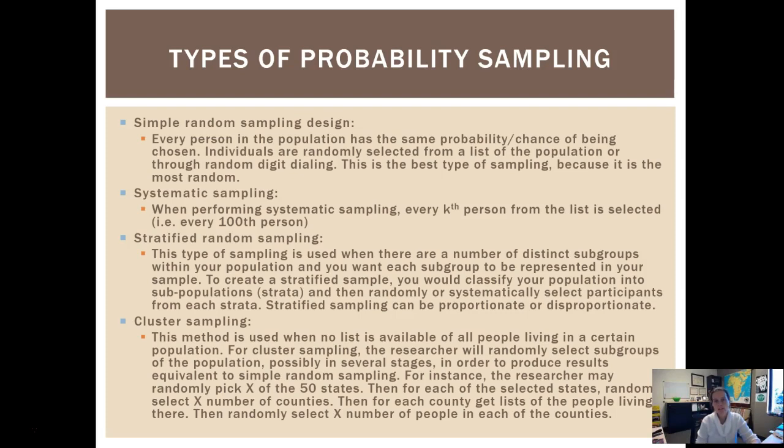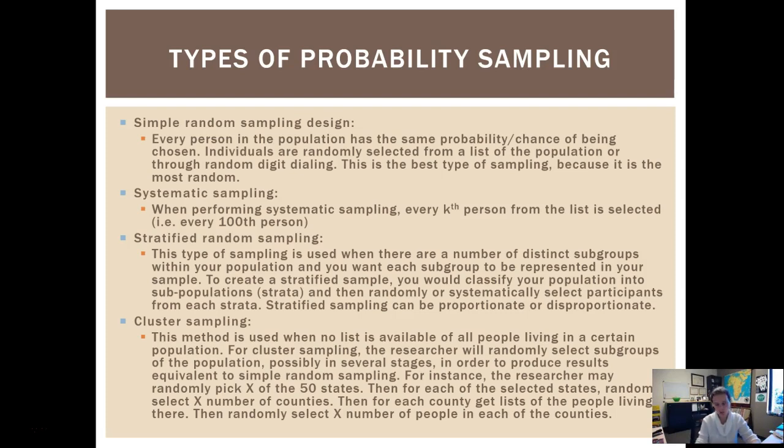With systematic sampling, you would get a list of everybody in your population, and then you would choose every kth person from that list. So for instance, if you have a list of all NKU students, let's say we have 15,000 NKU students, and I would choose every 100th person off that list.